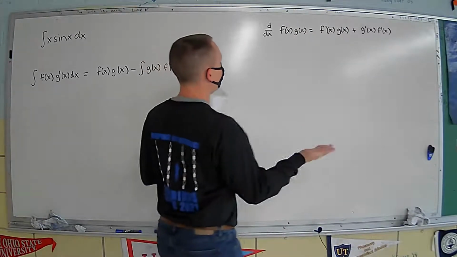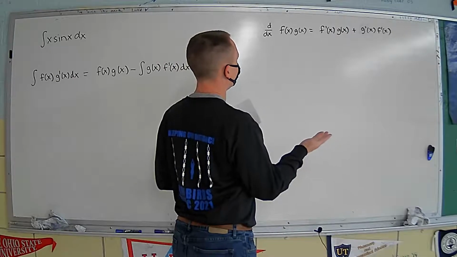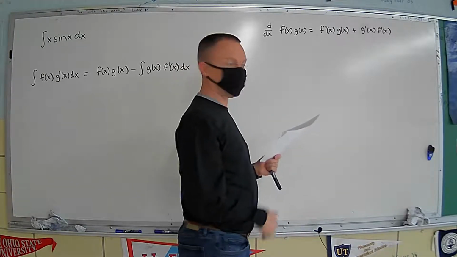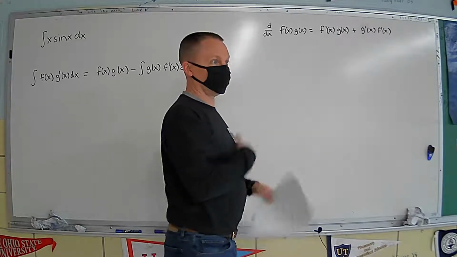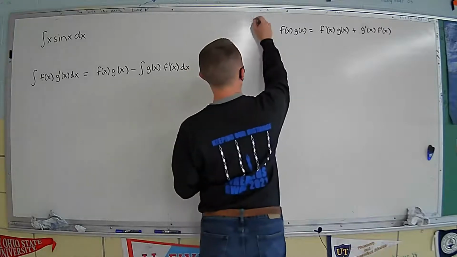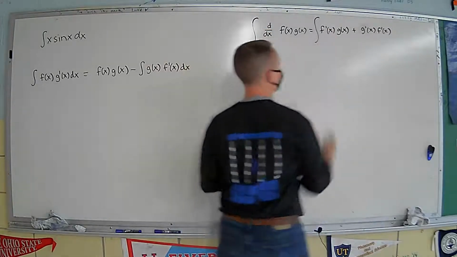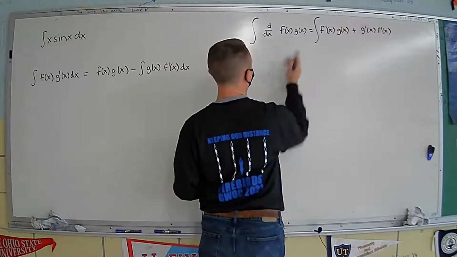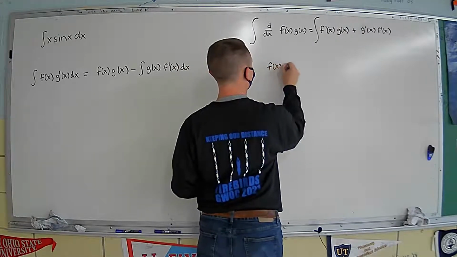All right. So what happens if I undo that? How would you undo that? Take the antiderivative of both sides, right? So what happens if I antiderivatize both sides of that with respect to x? Well, the antiderivative of the derivative is just that.